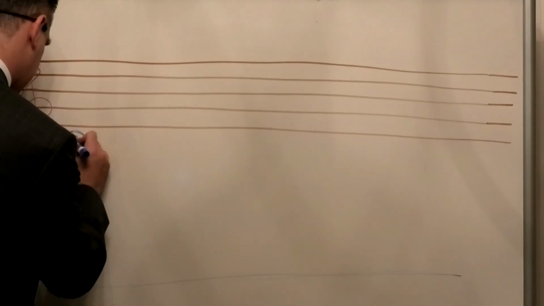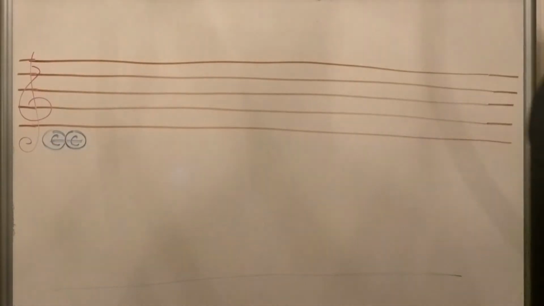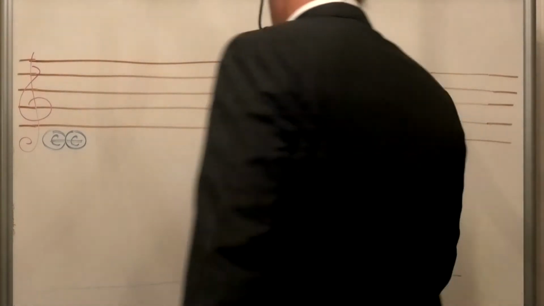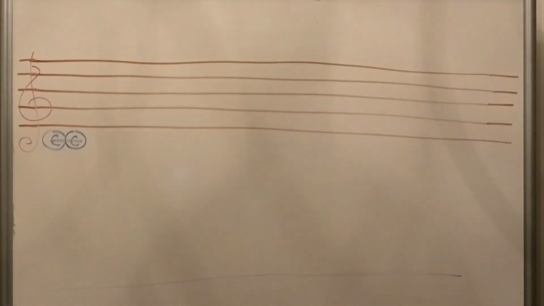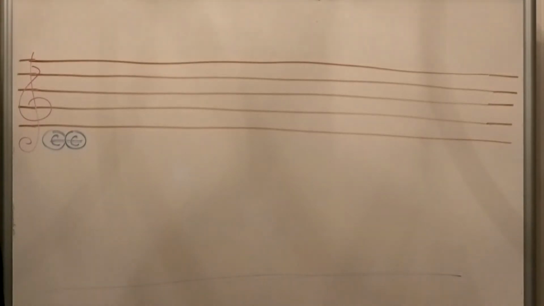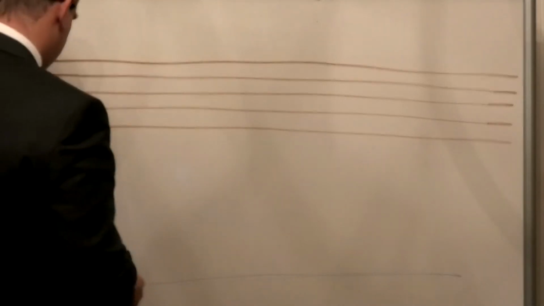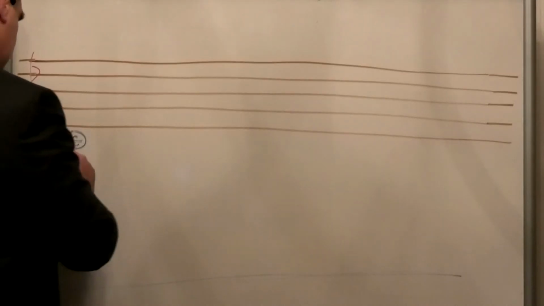So we have C and C. Now that could be me singing and somebody playing the same note on the piano. Or it could be 2 instruments together or 2 pianos together. If I'm going to demonstrate it with just one piano, I'll use 2 fingers on the C key to illustrate that I'm playing 2 C's at the same time.